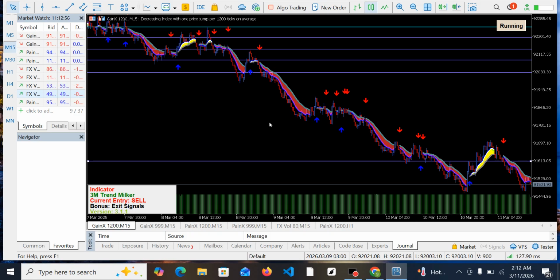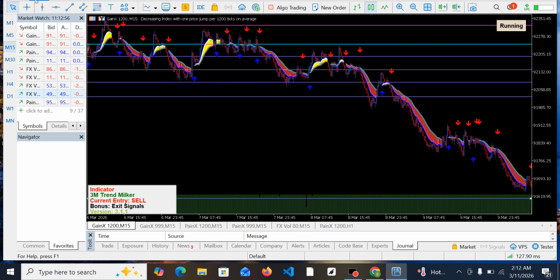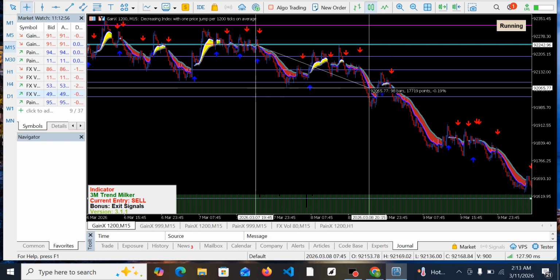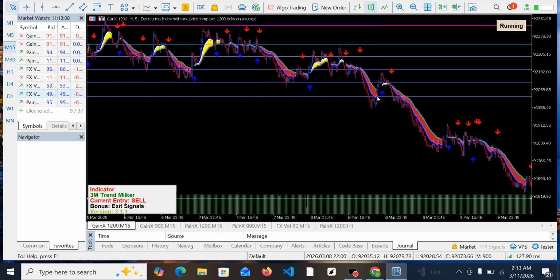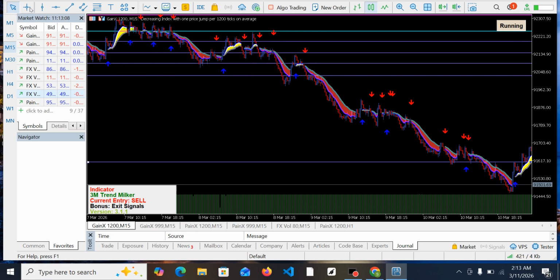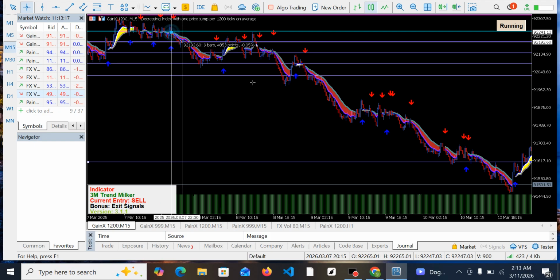So you can imagine this is huge profit. We can do our calculations already: from here to here alone gave us 21,148 points. But now let's do the calculation to this region. Sorry about that. To this region.